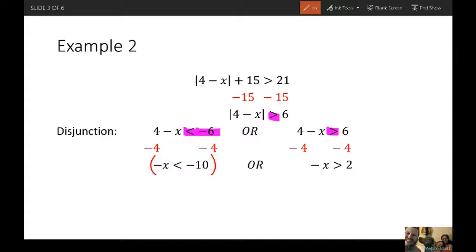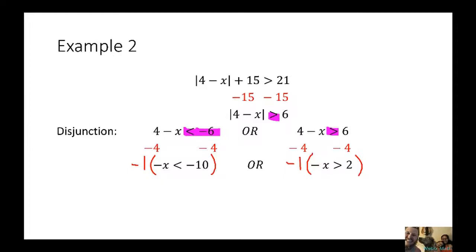So let's multiply everything by negative 1. We could do the same thing with the one on the right since it has a negative x. Mind you that when you multiply both sides by a negative, the symbols will flip. So you have to remember that whole flipping concept. As you can see, your symbols flipped, and that's because we multiplied by negative 1.